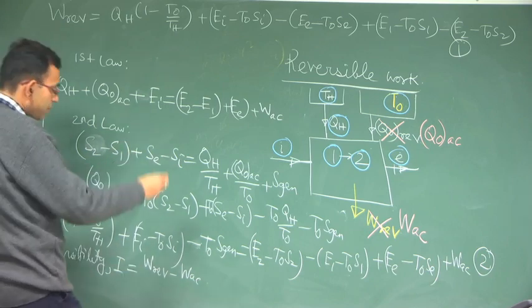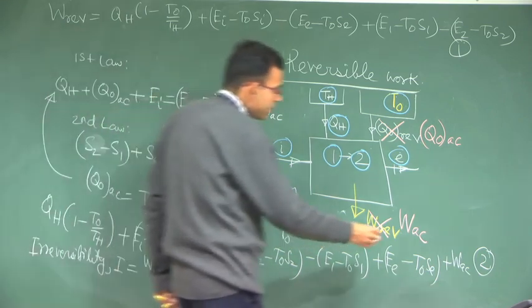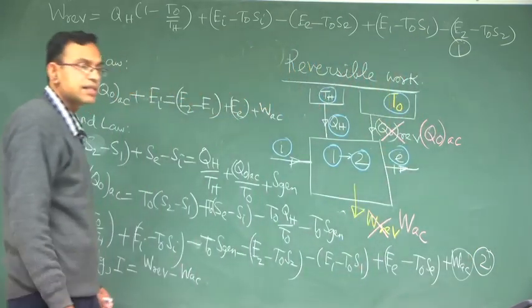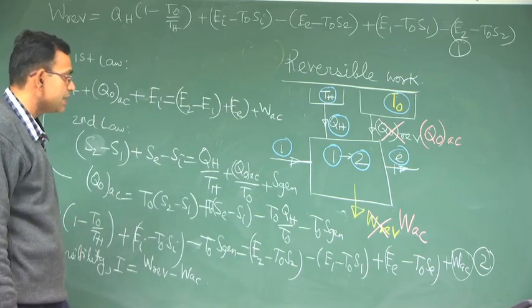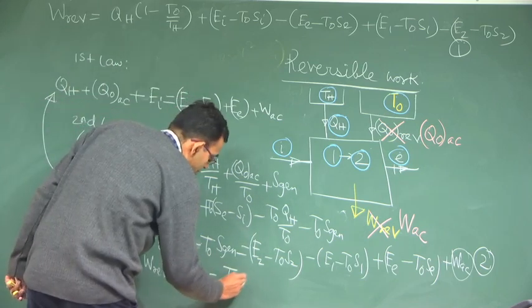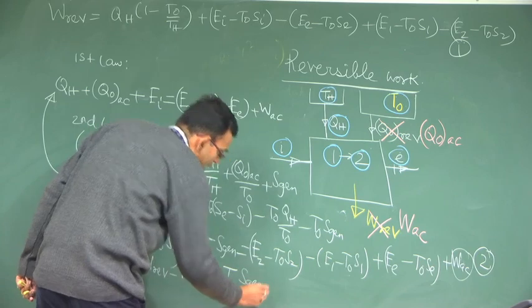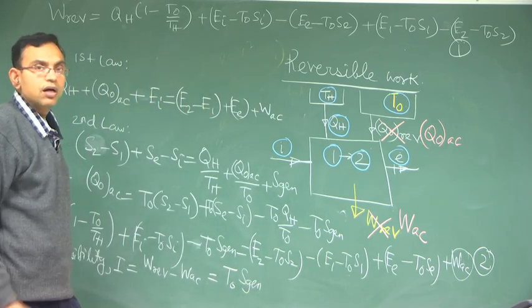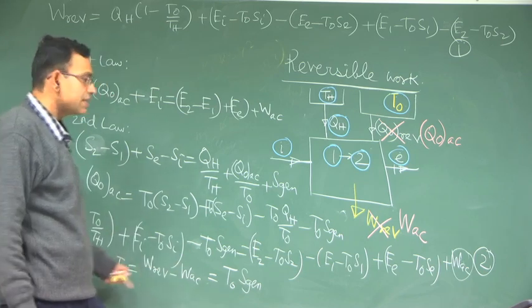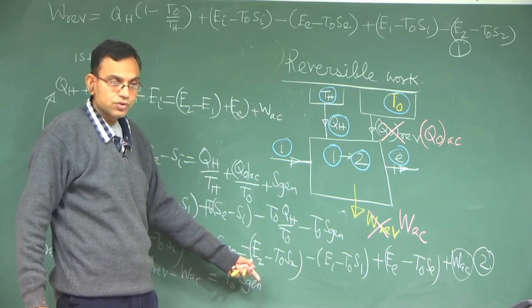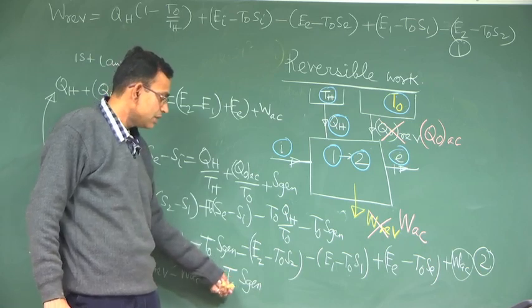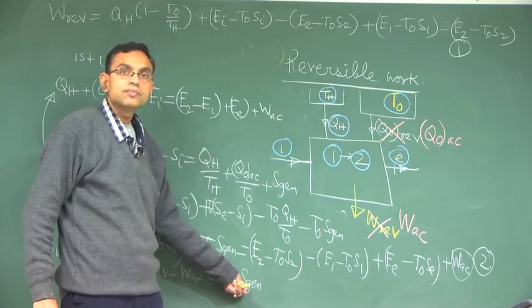So, if you subtract these two expressions for W actual from W reversible, all the terms will cancel, you can see, except T0 into entropy generation. So, this is equal to T0 into entropy generation, and this makes sense because the irreversibility is associated with entropy generation. So, irreversibility, which is the difference between reversible and actual work, is nothing but T0 into the entropy generation.